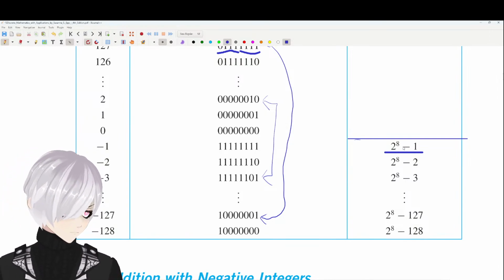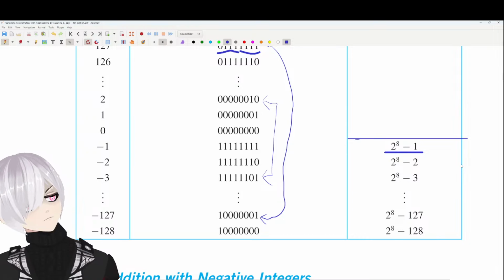Yeah, it is. They're applying that definition and saying we're going to take the two's complement of the absolute value of the negative integer, meaning the two's complement of the positive version of it. So for -1, that'll be represented by the two's complement of 1, and -2 will be represented with the two's complement of 2.